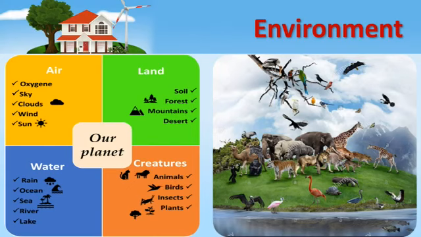These are the main forms of water, in addition to waterfalls. Finally, creatures. So, besides us, humans, we can name animals, birds, insects, and plants. So these are the four main constituents of our planet or our environment in general.